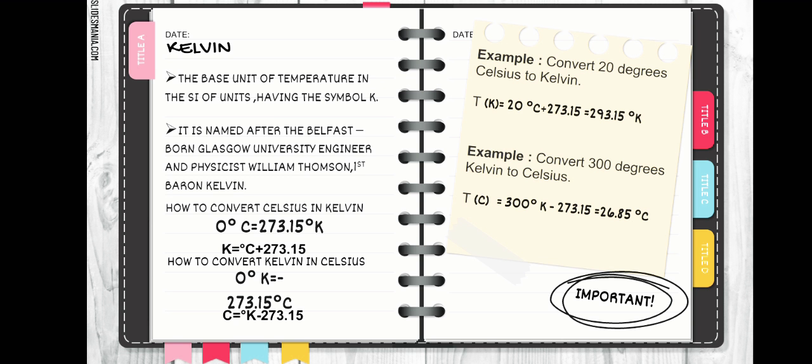So for example, when we convert 20 degrees Celsius to Kelvin, the Celsius given is 20 degrees.